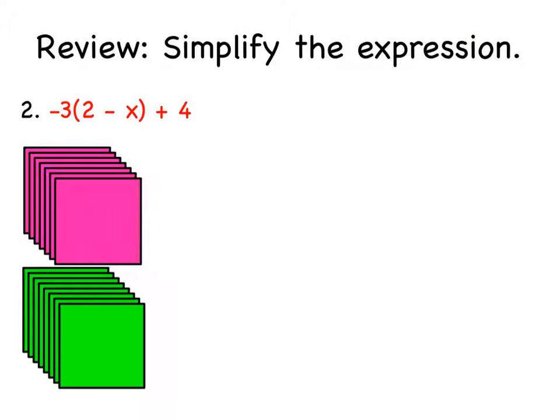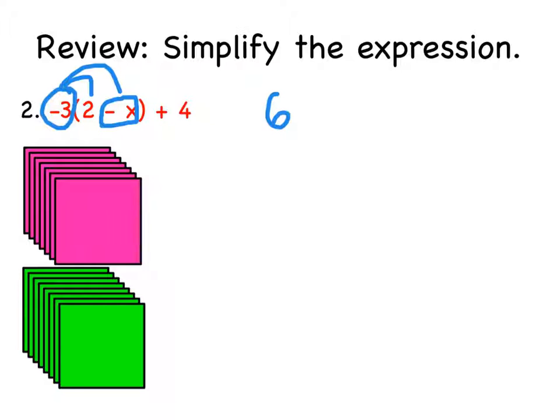Now, this expression requires us to use the distributive property before we combine like terms. So first, I'm going to take the negative 3. Remember, the sign in front goes with that term. Negative 3 multiplied by positive 2. Negative 3 times positive 2 is negative 6. Then I'm going to take the negative 3 and multiply it by the negative x.